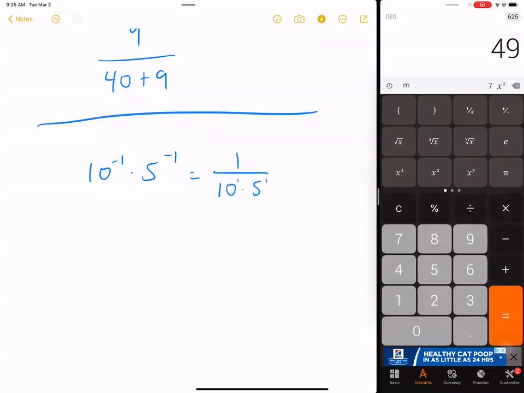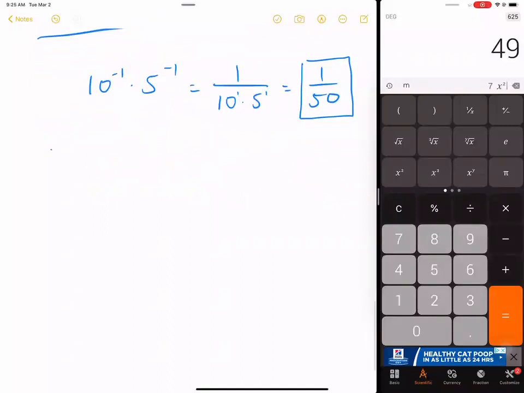And you can write a 1 if you want, but we only have one of each. And 5 times 10, we don't need a calculator for that, is 1 over 50. And that's it. They want us to rewrite this, evaluate each of these exponents.